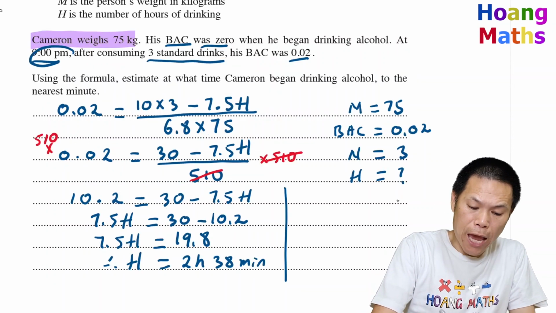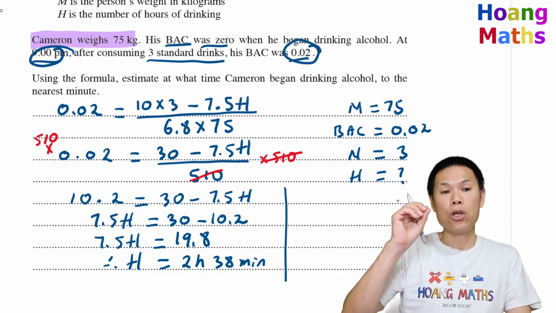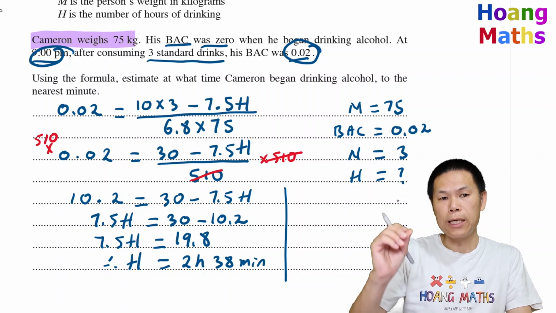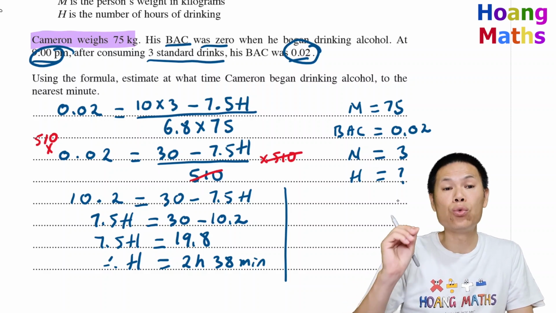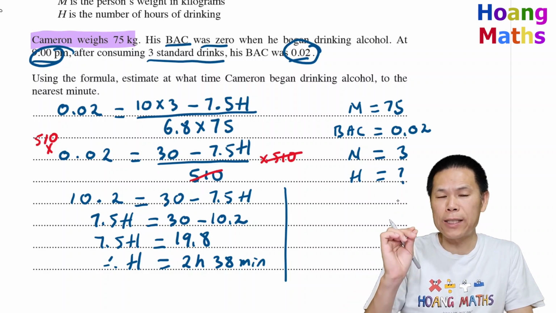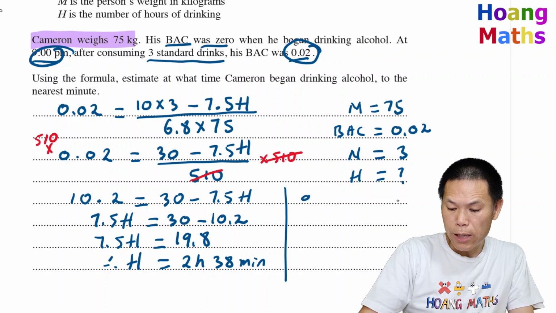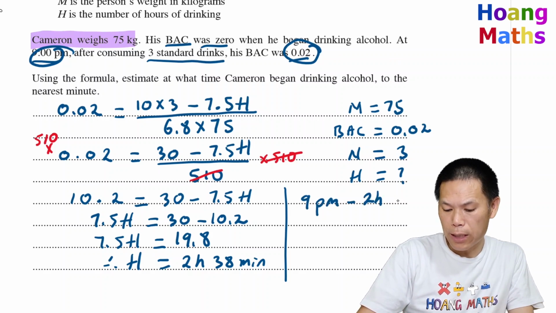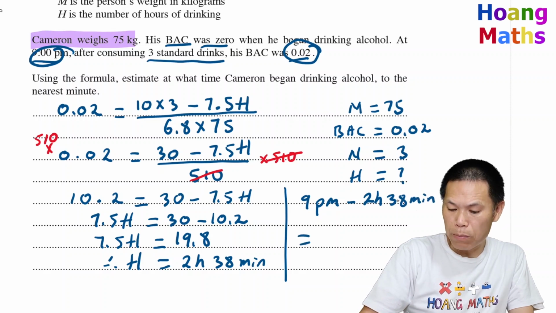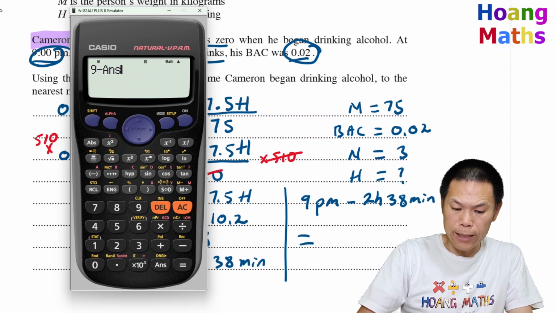So at 9 p.m., after the drinks, his blood alcohol was 0.02. So that means the time is 2 hours and 38 minutes. And we need to work out at what time he started drinking. So we have to go backward, okay? 9 p.m., we minus 2 hours and 38 minutes. So just go 9 minus the answer.